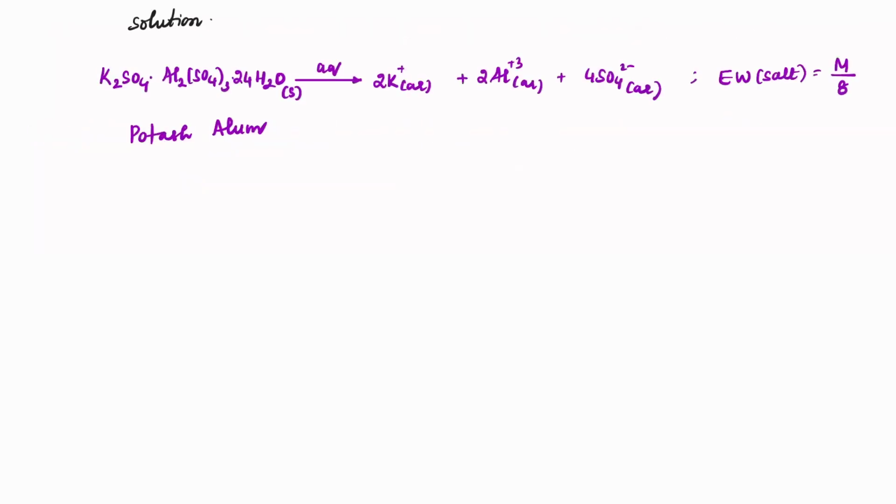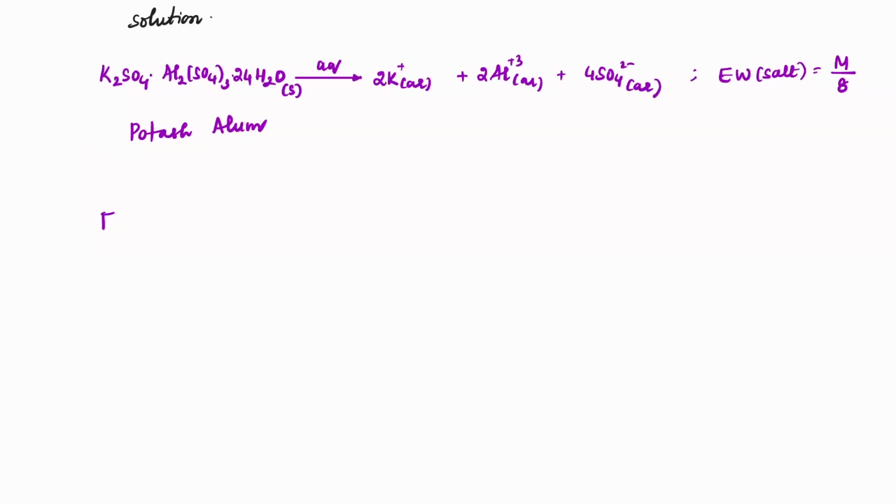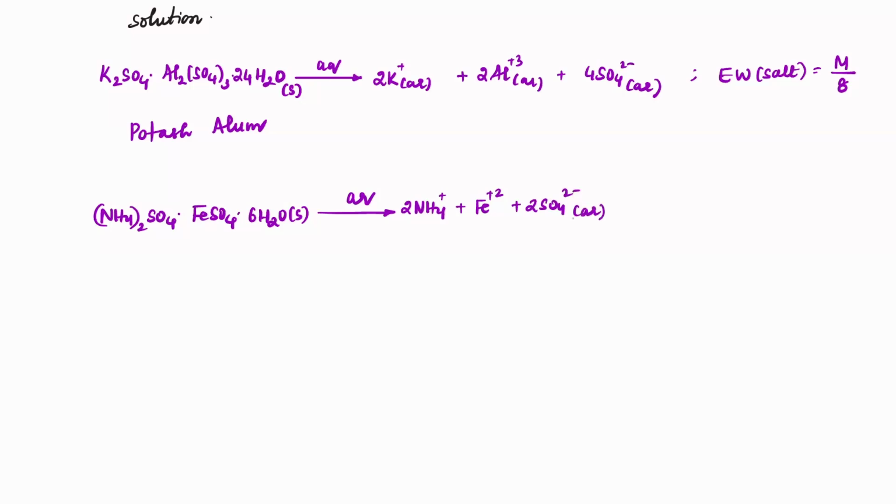One more salt of a similar kind is ammonium (NH4)2SO4·FeSO4·6H2O. If this is added to aqueous solution, it will convert into 2NH4+, Fe2+, and 2SO4 2-, all aqueous ions.